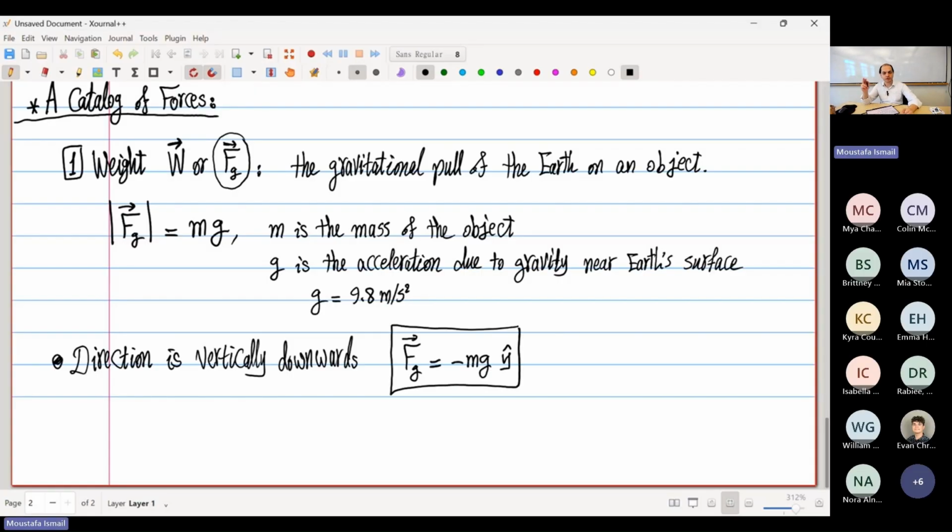Remember the unit vectors x hat and y hat. X hat is along the x direction, in this case the horizontal direction, and y hat is the vertical direction, and we're choosing up to be positive. So in this case, it's just the magnitude with a negative sign times the unit vector. So it always points down no matter how the object is moving. Gravity is just pulling the object down. It's a long-range force. It doesn't require contact, and the agent is the Earth itself.